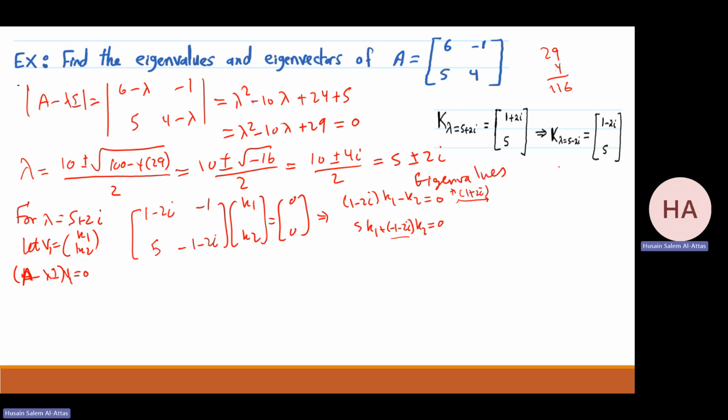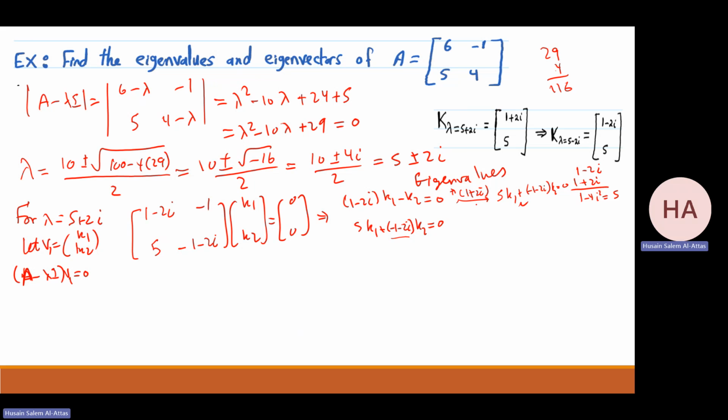So check this. 1 minus 2i times 1 plus 2i. That will be x minus y times x plus y, that is 1 minus 4i squared, which is 5. That gives me 5k1, which is the second equation.